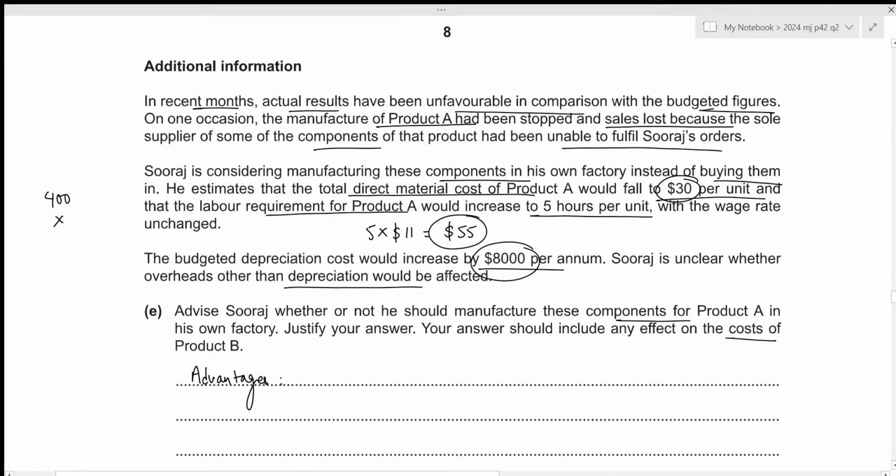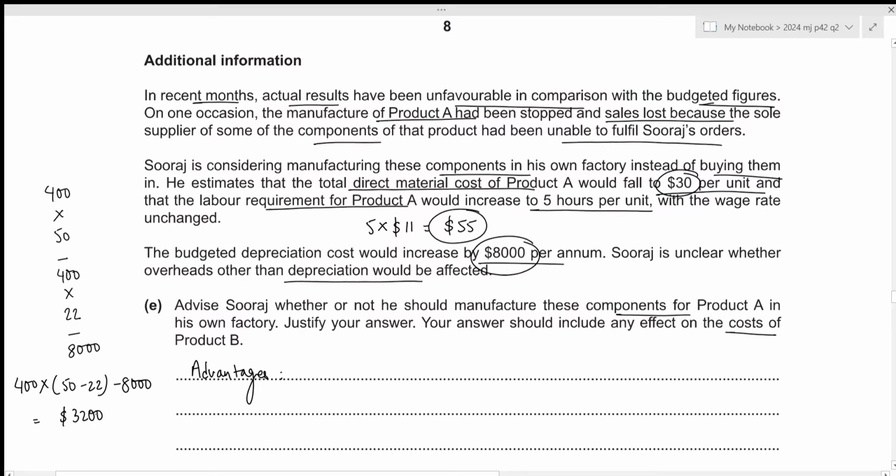So it means that the cost has been decreased by 50 per unit, which is advantageous. Then we have a disadvantage that our wage rate has increased to 55 from 33. So it has increased by 22 per unit. And again, the depreciation cost has been increased by 8,000. So that should also be subtracted. So it's basically 400 times 50 minus 22 minus 8,000, which results in the positive value of 3,200.